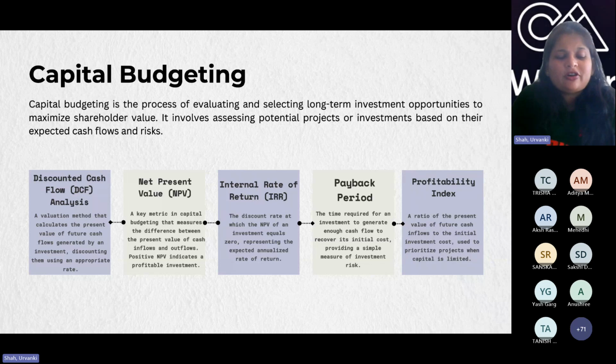So what we did was a discounting of the future cash flows. Now, when we talk about net present value, it's considered an extension of cash inflow and outflow.